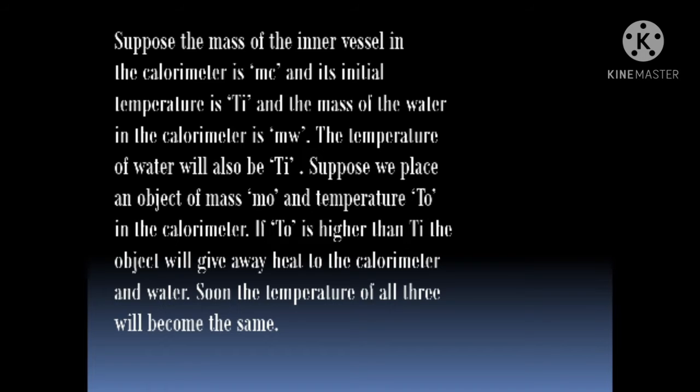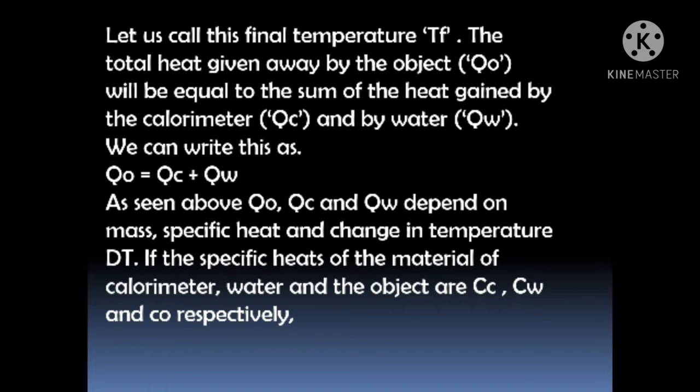If To is higher than Ti, the object will give away heat to the calorimeter and water. Soon the temperature of all three will become the same. Now students, whatever is inside the calorimeter, Tf will be its final temperature. Ti will be its initial temperature.